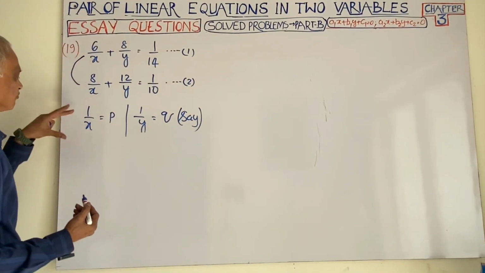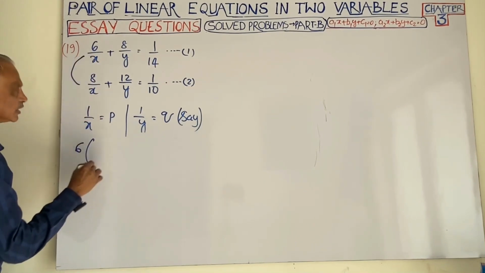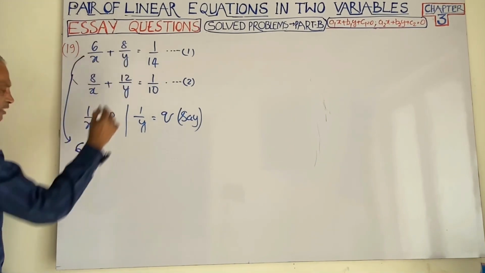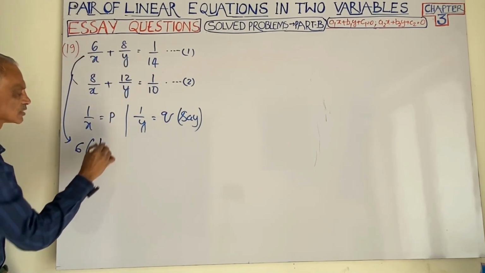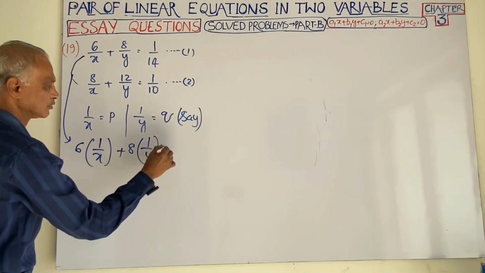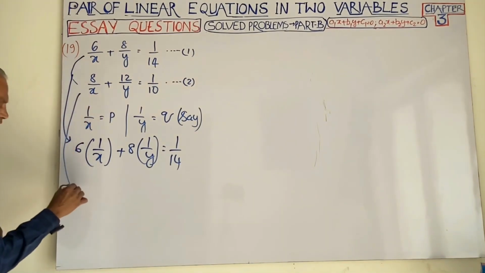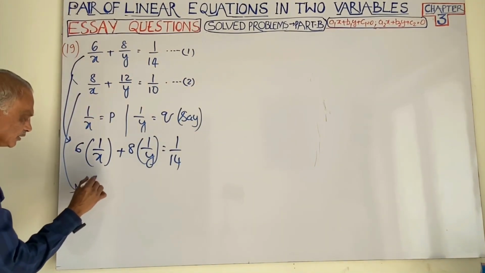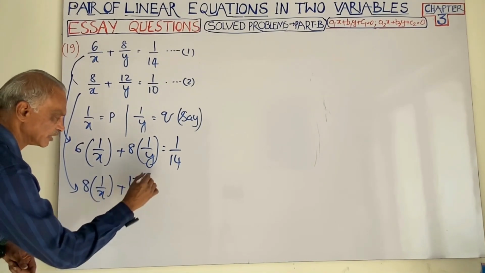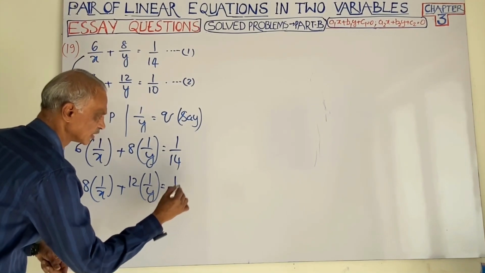Now, see, 1 by x is equal to p. This equation can be written as 6 into 1 by x plus 8 into 1 by y is equal to 1 by 14, and also this equation can be written as 8 into 1 by x plus 12 into 1 by y is equal to 1 by 10.